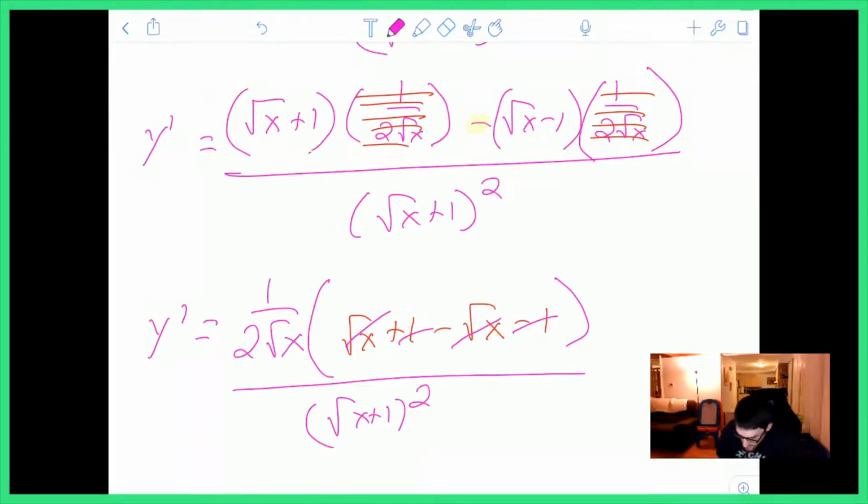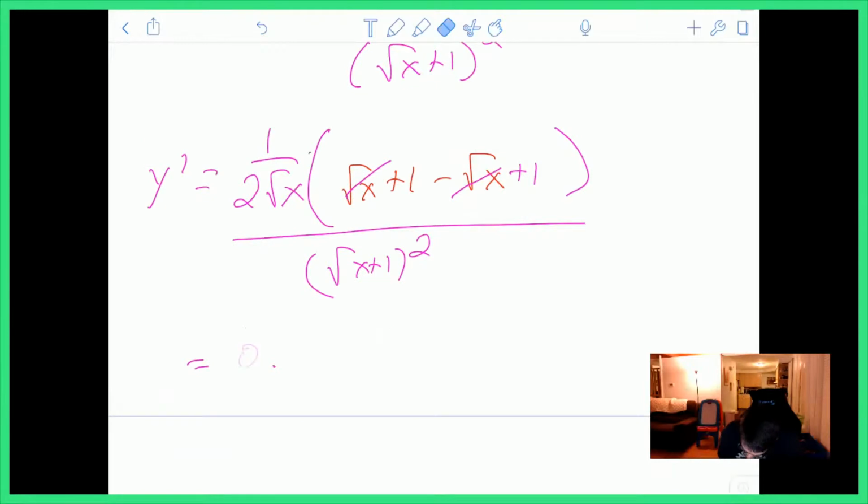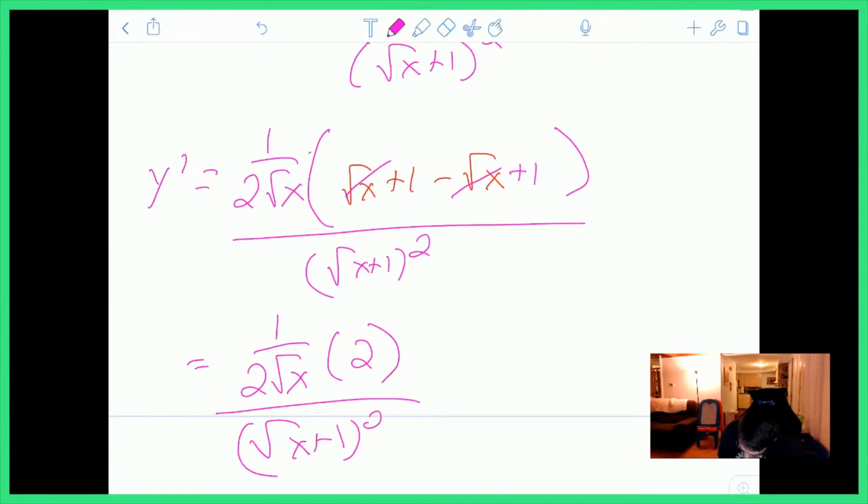This negative should have been distributed to the radical x minus 1, making this not a negative 1 but a positive 1. And that, therefore, would not cancel with that positive 1. That would just simply make 2. So this is now 1 over 2 radical x times 2, all divided by (radical x plus 1) squared. Ooh, that's actually quite convenient.